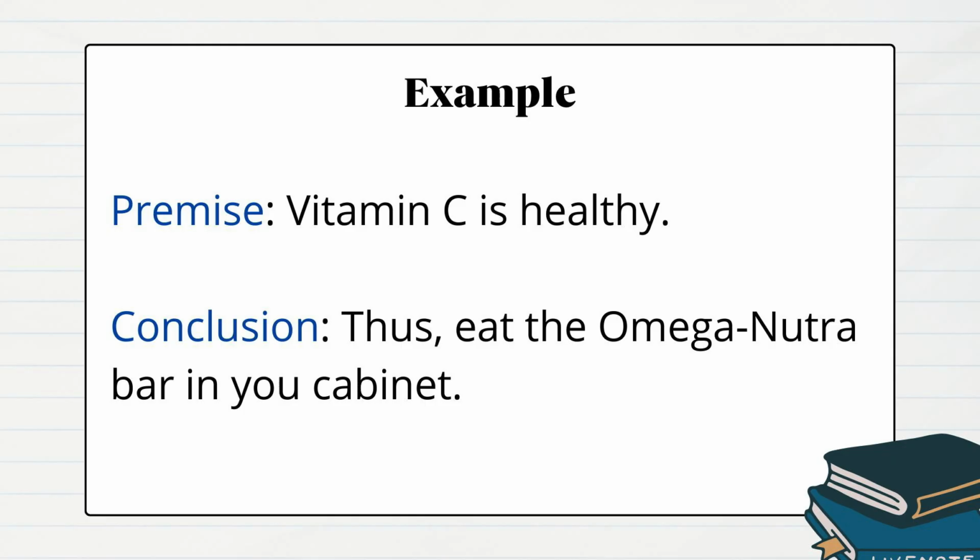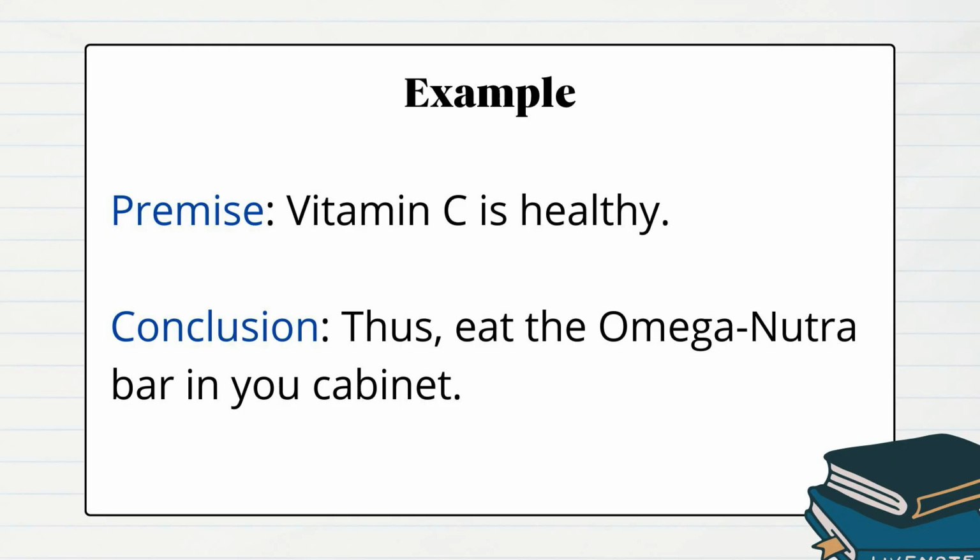Another possible contender would be maybe Omega Nutra bars make you want to drink orange juice, and orange juice has vitamin C. Now that's a little bit goofy or ridiculous, but nevertheless, it still connects vitamin C with Omega Nutra bar. And one last one was maybe Omega Nutra bars allow you to generate your own vitamin C in your own body some way.